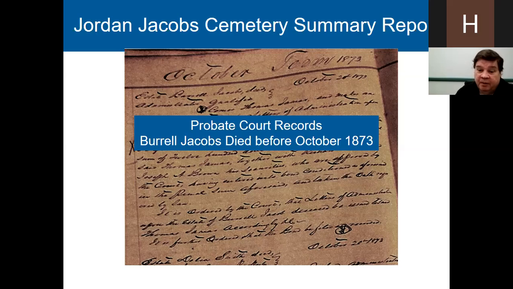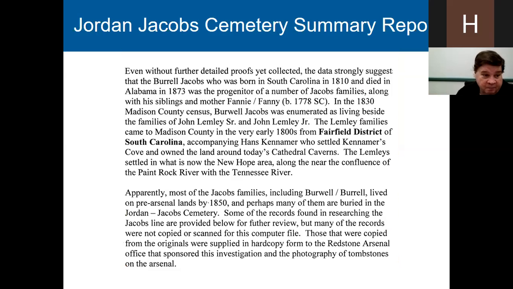Because you file probate papers when somebody dies, and it's to split up their estate if there's no will. But there's other papers there too. And they did some research, and they think that Burrell Jacobs was born about 1810 in South Carolina, died in Alabama, and there were a number of Jacobs family, along with his siblings and his mother, came there.